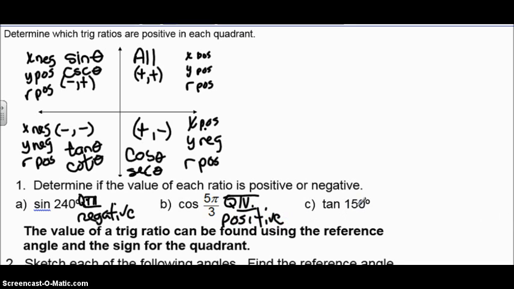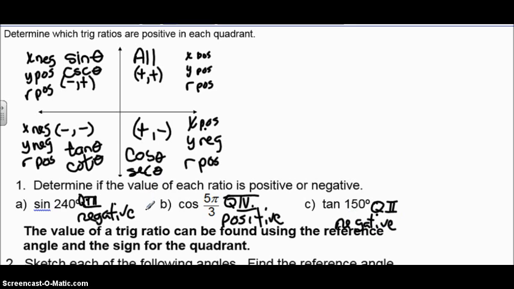And finally, tangent of 150 degrees. So 150 degrees, here's 90, a little bit more is 150, because here's 180. So 150 is in the second quadrant. And in the second quadrant, tangents are negative. All right.